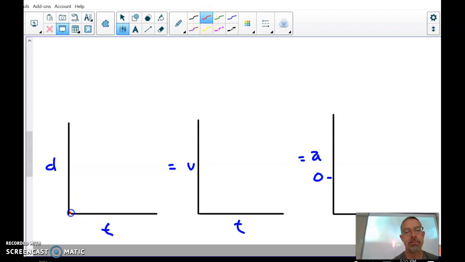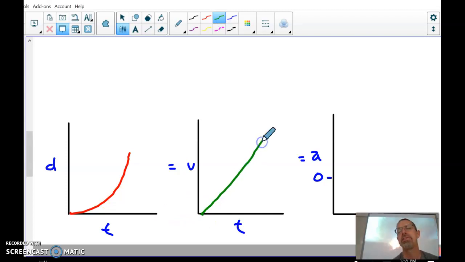So if I have a displacement versus time graph and it slopes upward like this, that means that my velocity is continually increasing over time because my slope is changing here. How would that look on a velocity versus time graph? Well, a velocity versus time graph that would describe that motion would be a straight line. These two would represent the same types of motion.